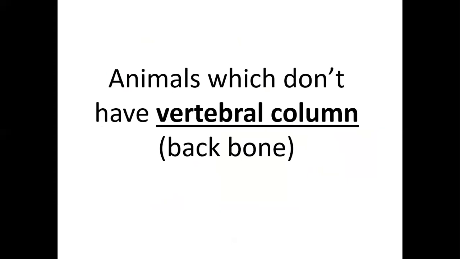As for the invertebrates, when we add "in" at the beginning of any word, it means that we removed the reason for calling it this way. So invertebrate, we removed the factor of vertebral column. This means that the invertebrates are the animals that do not have a vertebral column or a backbone. Like what?